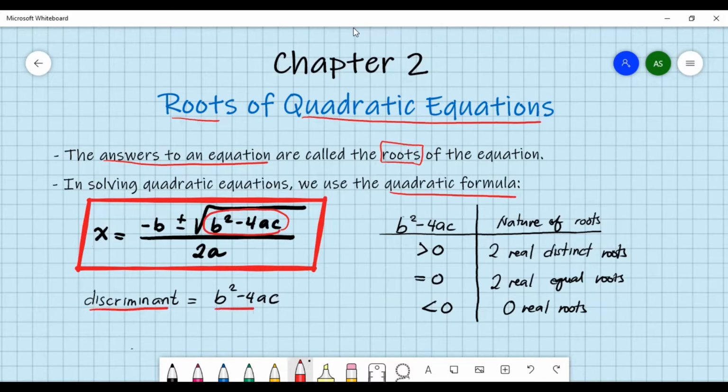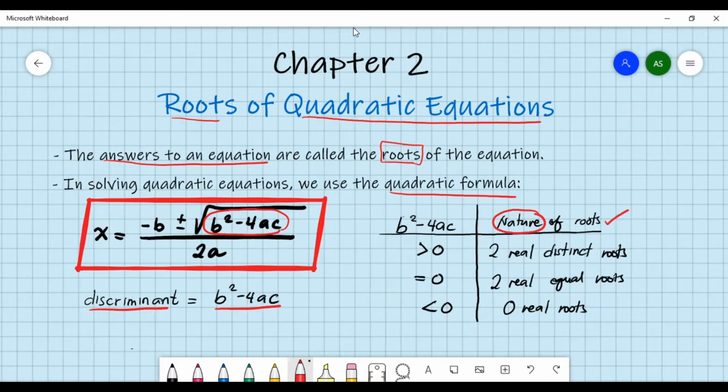So the discriminant is b squared minus 4ac. Why is it important to understand what a discriminant is? It is because the value of the discriminant will tell you the nature of the roots of the equation.